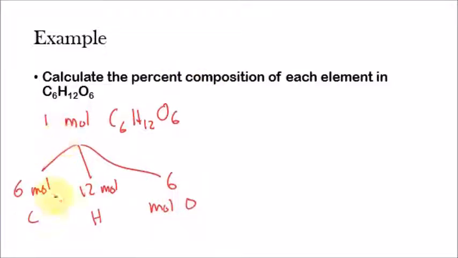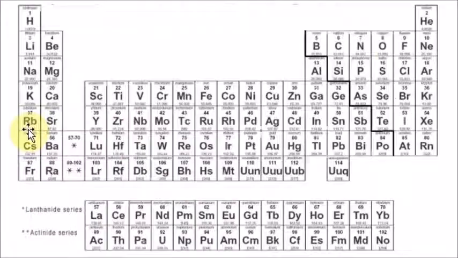So let's first focus on carbon. In order to find the mass of 6 moles of carbon, if you look at a periodic table, you'll be able to see that the average atomic mass of carbon is 12.011.